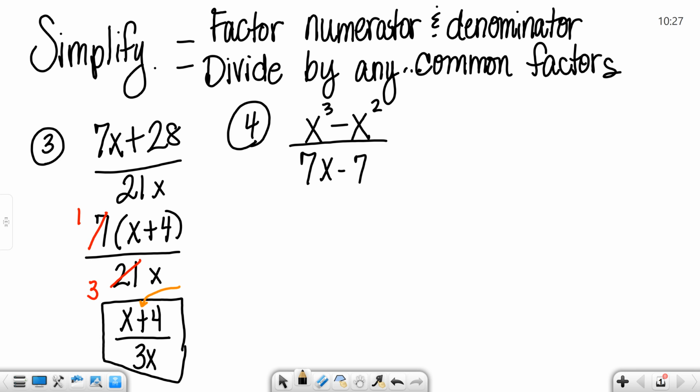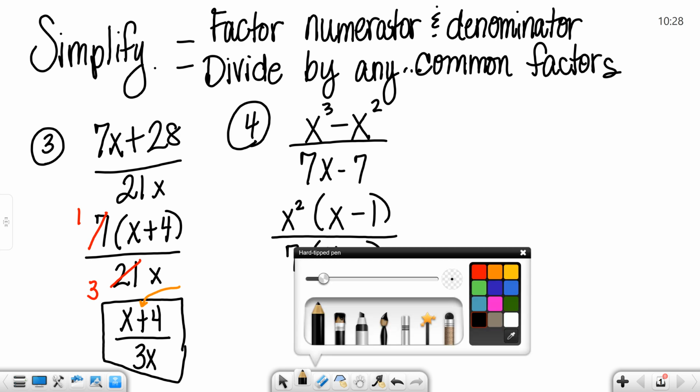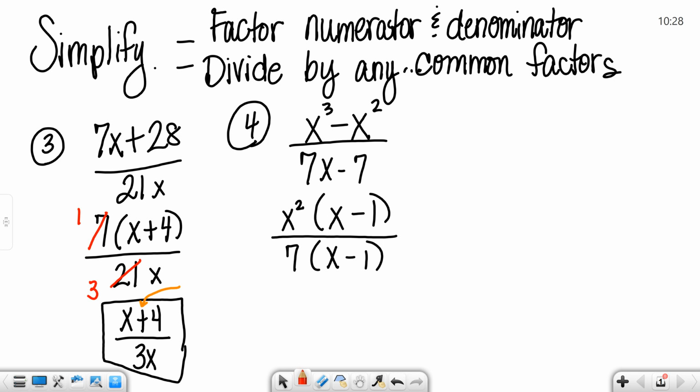All right, so our directions are still simplify. So we are going to factor the numerator and factor the denominator. Our numerator has an x squared in common. When I factor it out, I'm left with x minus 1. My denominator has a 7. All right, now in this case, it says divide by any common factors. Well, the numerator has an x minus 1, and so does the denominator.